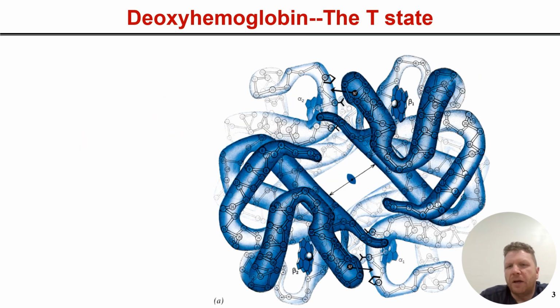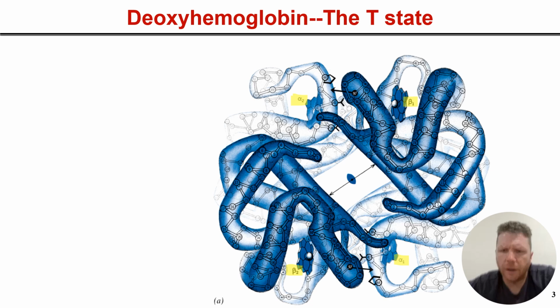Now here's a nice depiction of the deoxygenated T state of hemoglobin. There are a couple of things I want to draw your attention to. First is this: beta 1, alpha 2, beta 2, alpha 1. These are the subunits of our protein. Sorry about that.